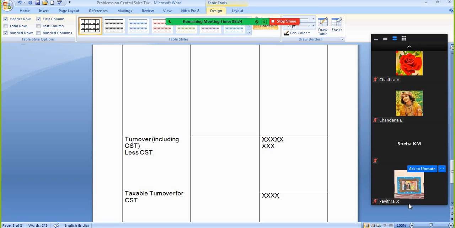Sir, about the format, no doubts for me. Okay. And what about the marks for the particular problem, sir?